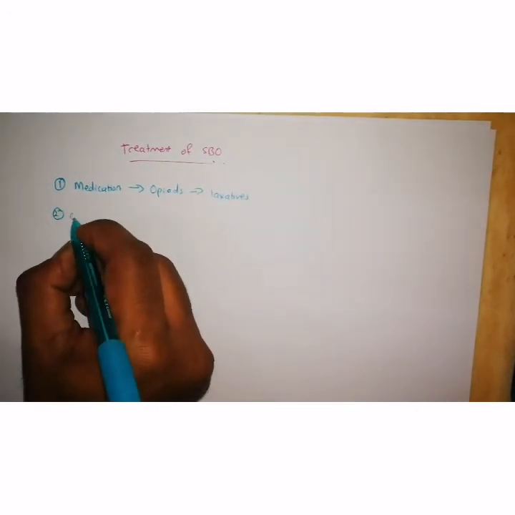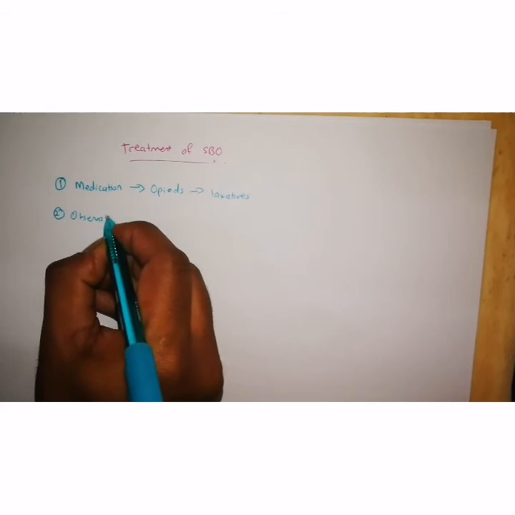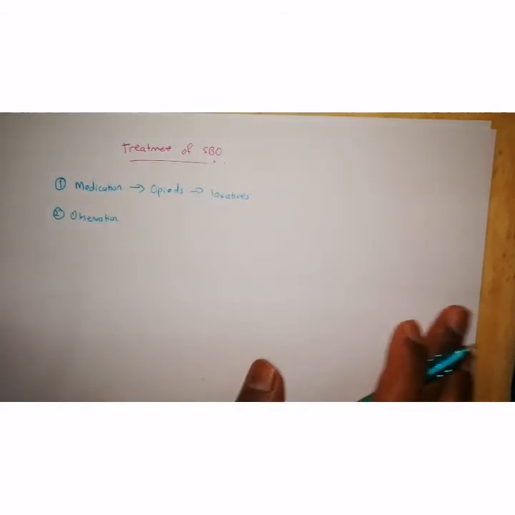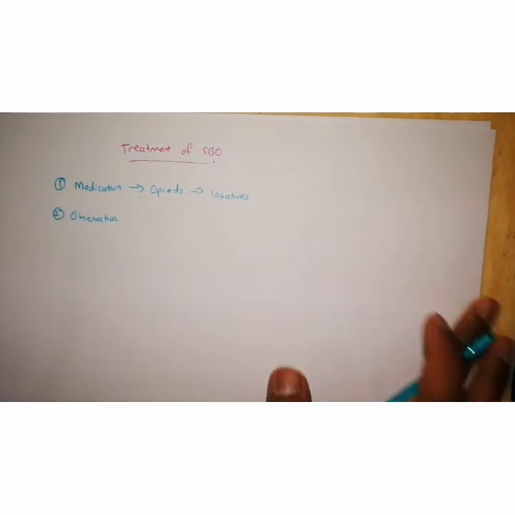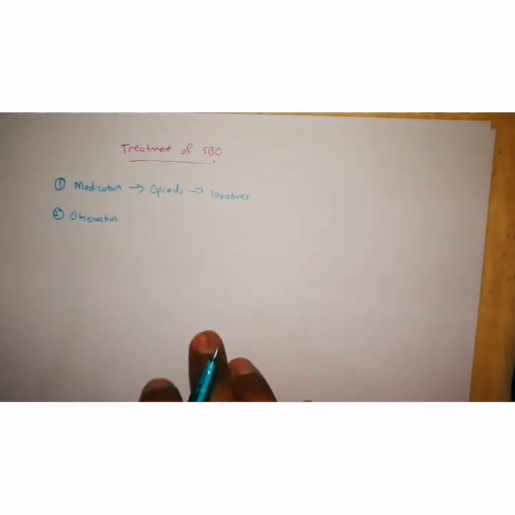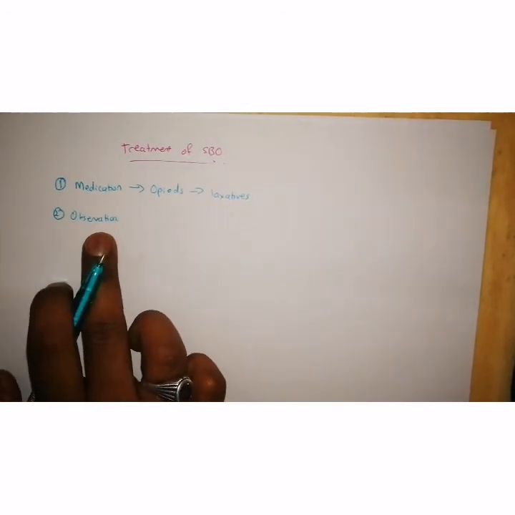Second, observation. Okay, the ileus may need monitoring for a few days and often resolves with time. Like I've said, ileus is temporary, so it doesn't need much medication. But during this observation time, the doctors will usually limit the food and drink intake to stop further build up.